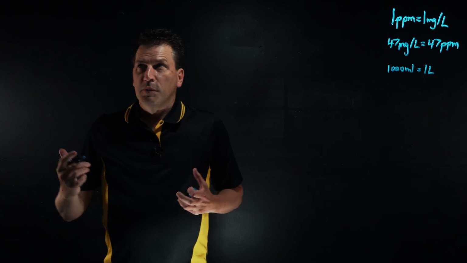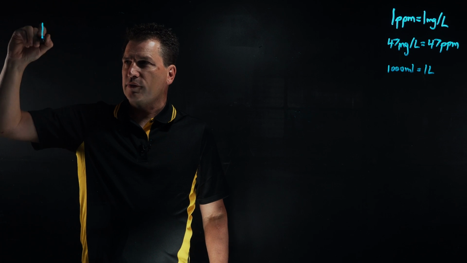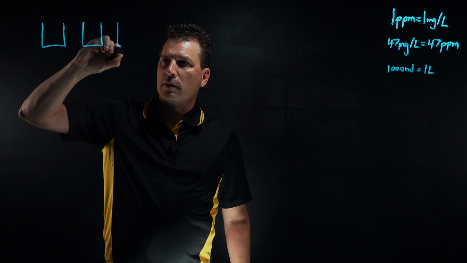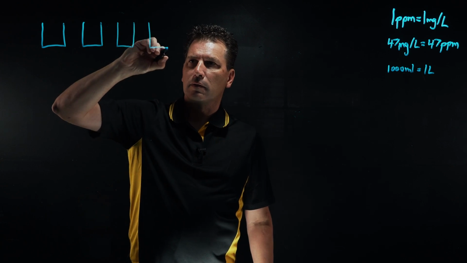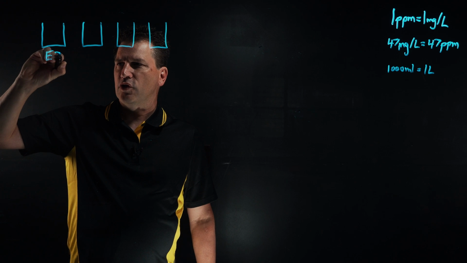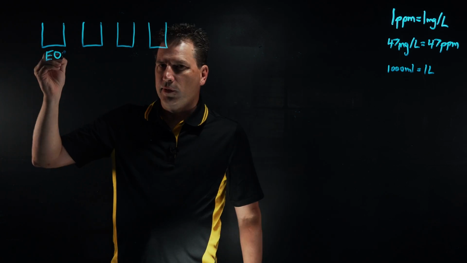So I'll show you the dilutions. It's really simple. So what we're going to do is basically start off with 4 containers. And in the first one is our concentrated essential oil. So obviously at 100%, it's too strong.